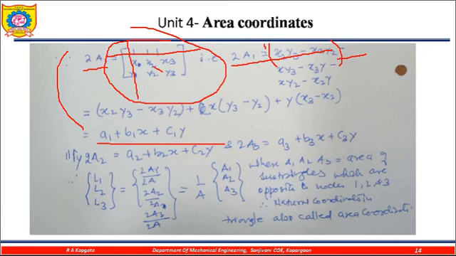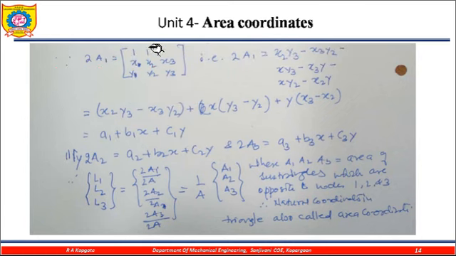Then for the second term, the minors are this one: x y3 and this one is y x3. Minus, again, this is the third term.